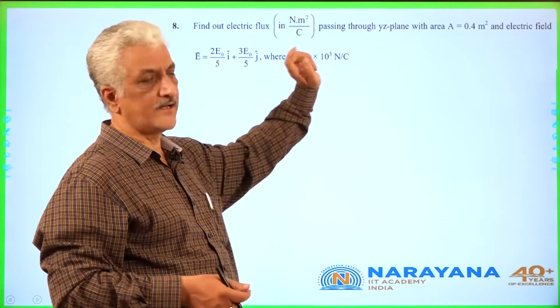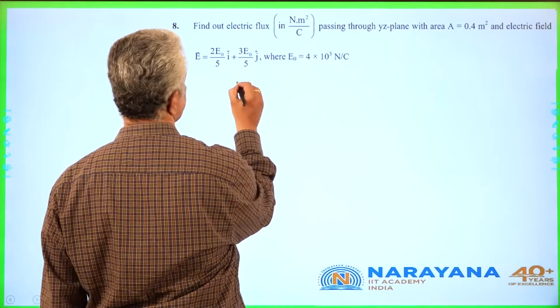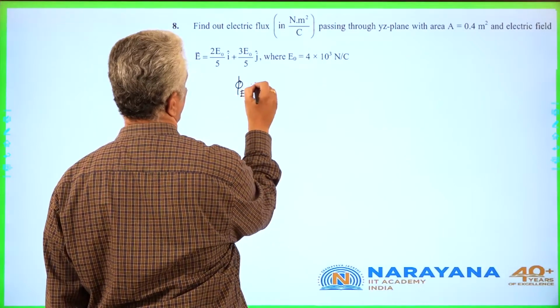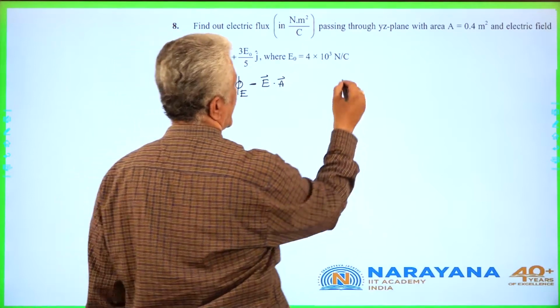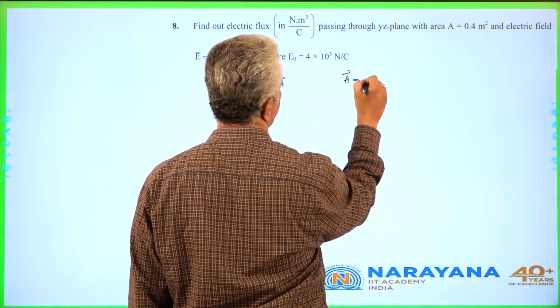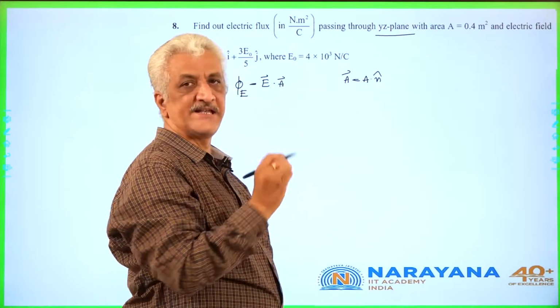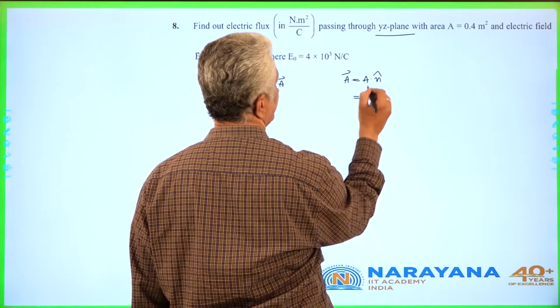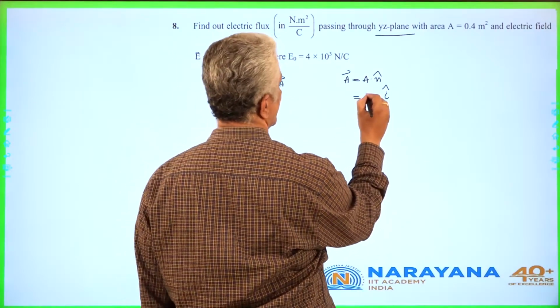The eighth one is simple, like our Gauss law, that is flux. Flux is nothing but a scalar, which is E bar dot A bar. And A bar is nothing but area into n cap, which is perpendicular to the plane. As the plane is the yz plane, n cap is i cap, and the area is 0.4.